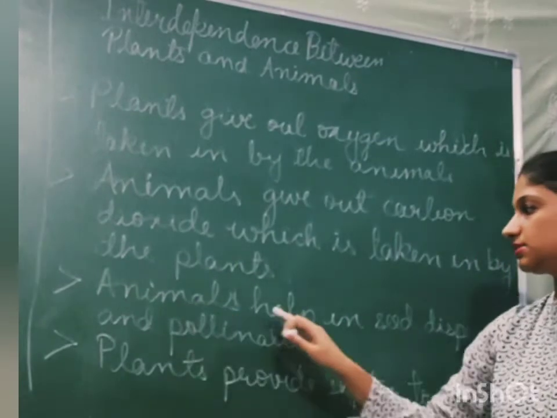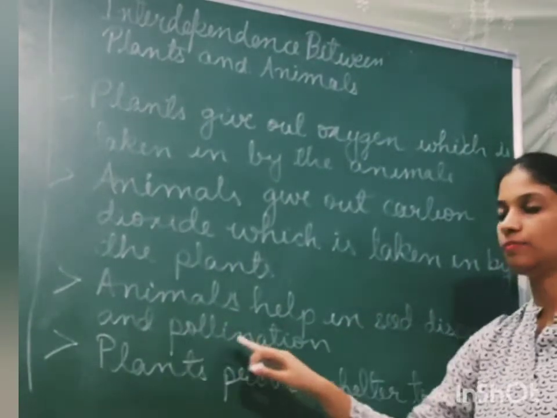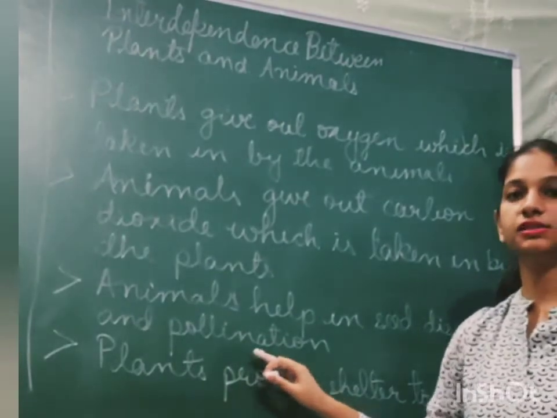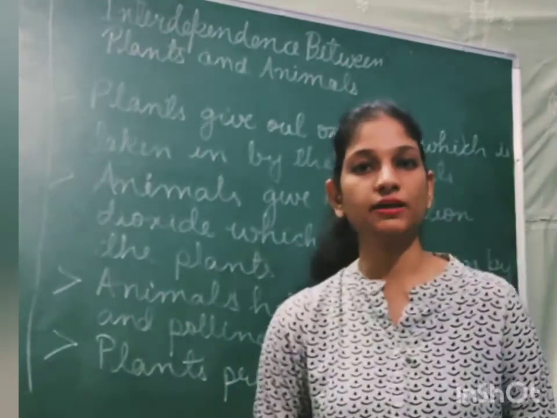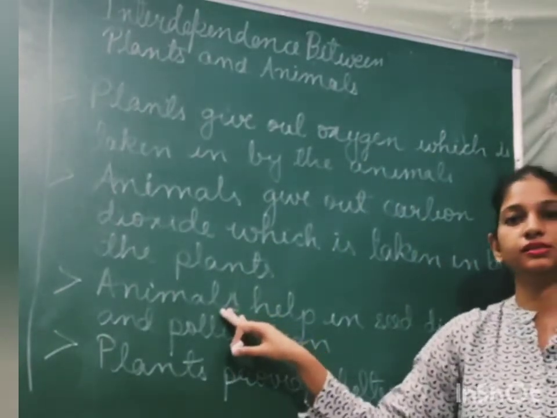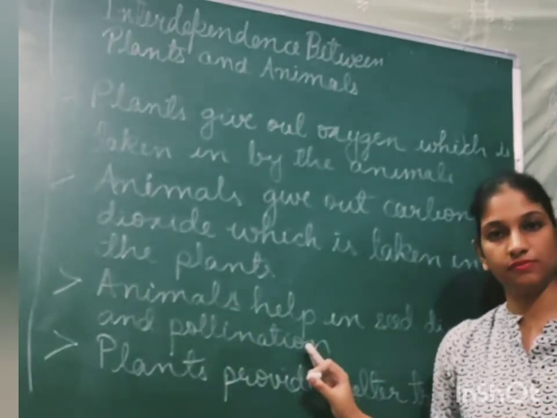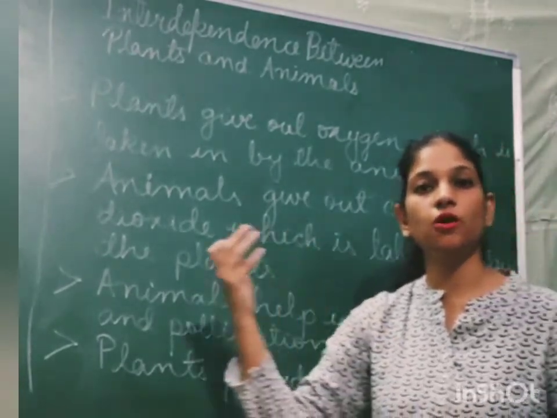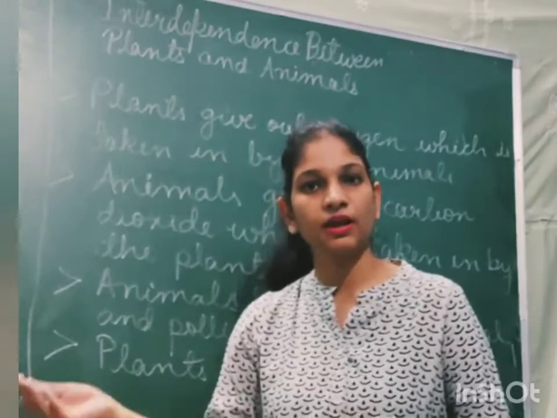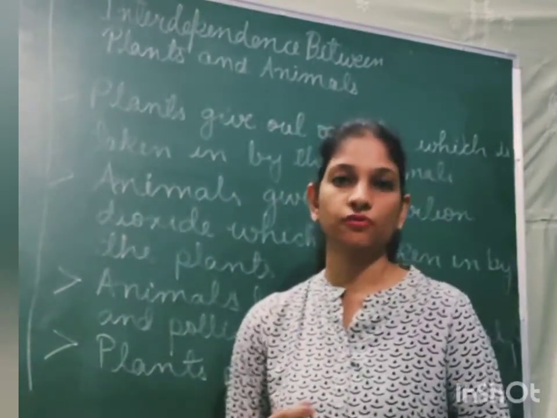Next, animals help in seed dispersal and pollination. So what happens when the seeds of certain plants stick to the body of the animals, move from one place to another, and there the seeds get laid off.